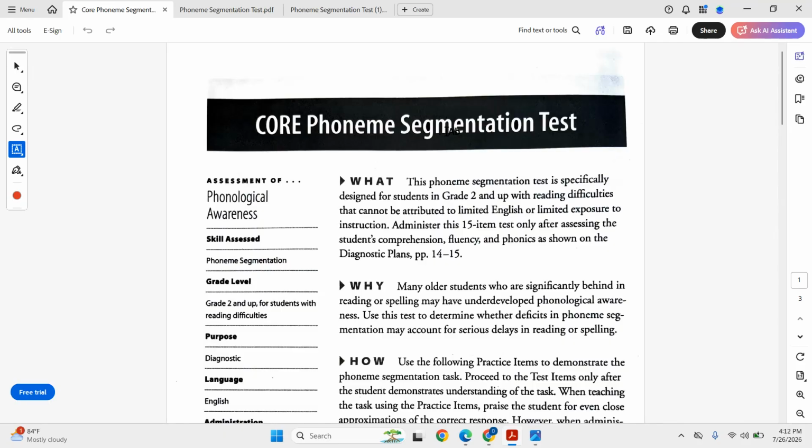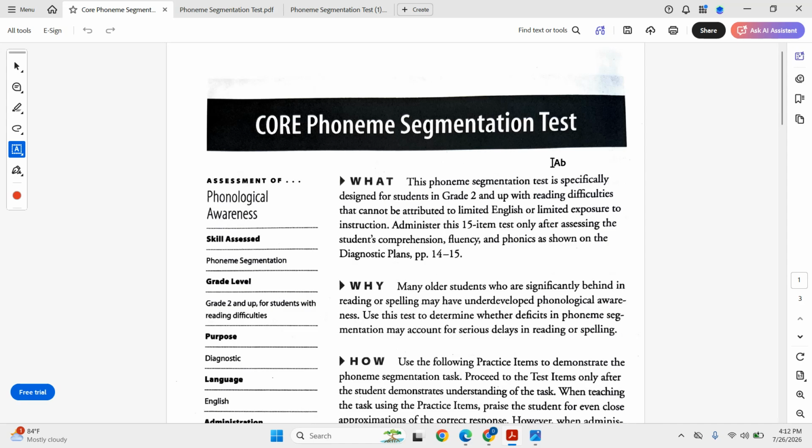So we'll start assessing comprehension first, then we assess for fluency, then we assess for phonetic skills, and then we assess for phoneme skills, right? So you can go ahead and look at those videos that speak to these other assessments.